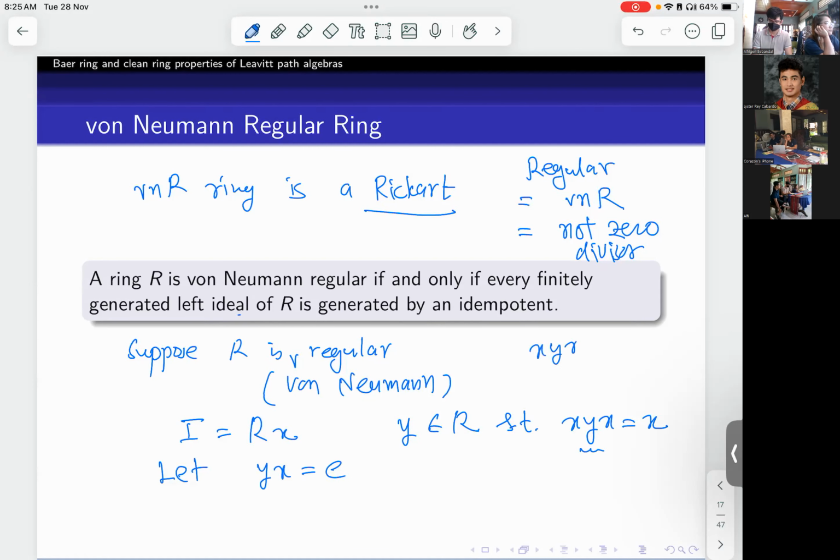You have XYX, and if you multiply this again by Y, XYX was X, so XY becomes an idempotent. Similarly, if I multiply by Y on both sides, I get YX equals YX. So XY and YX are both idempotent. Let YX equal E.